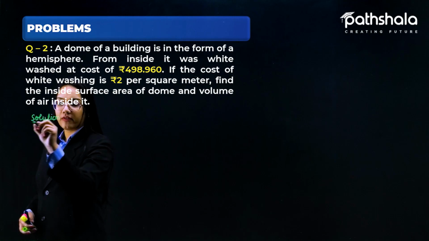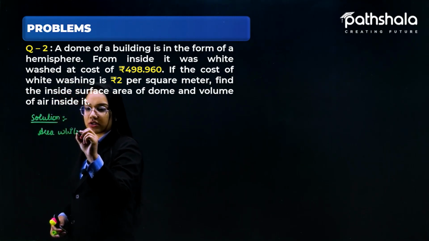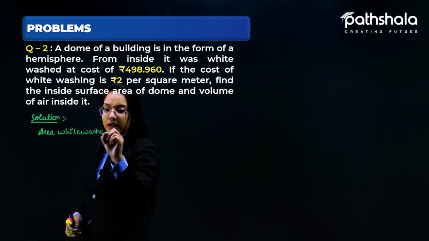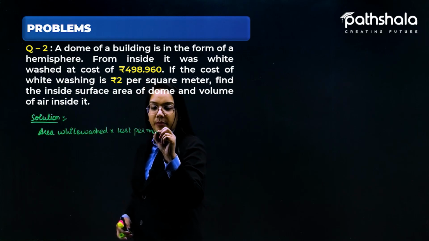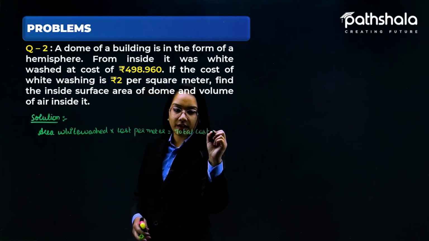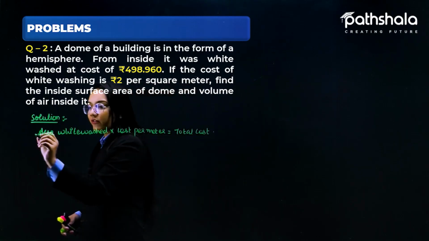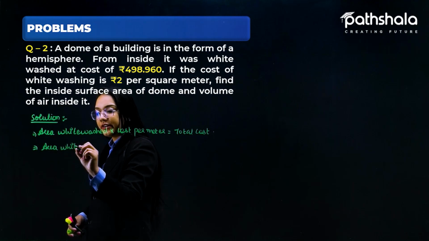First of all, we can see that the area which is whitewashed into the cost per square meter is equal to the total cost. With this we can calculate the area which is whitewashed.